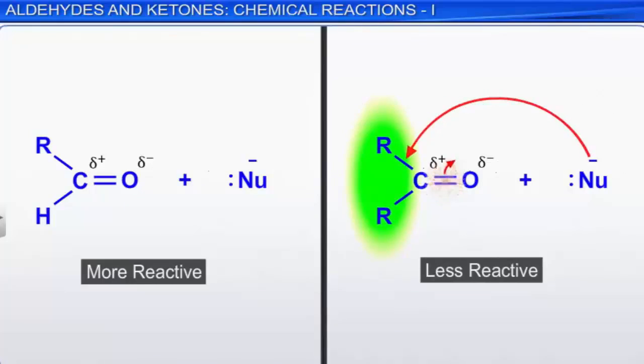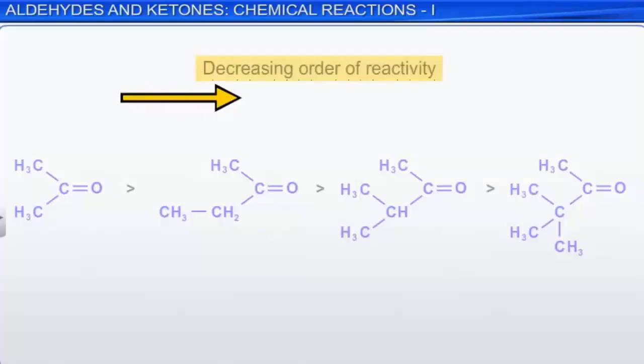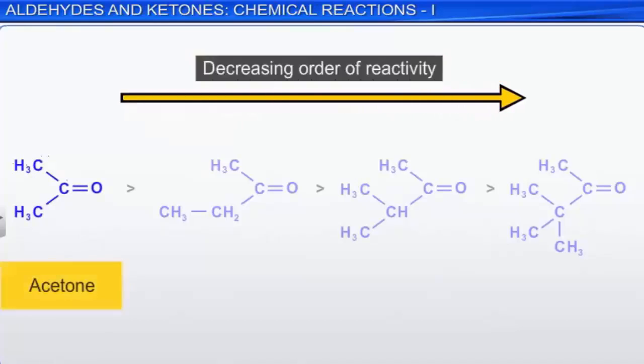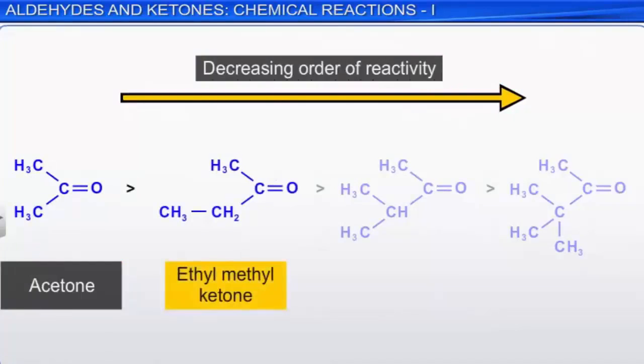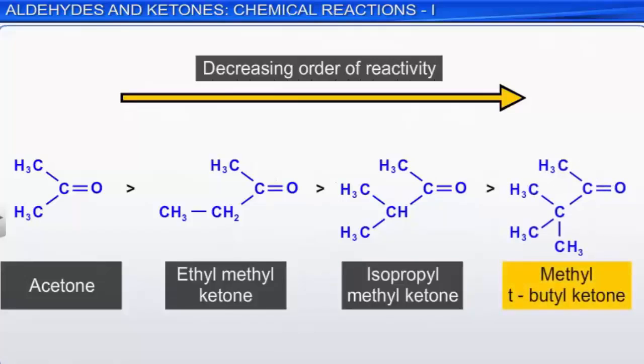Hence, the bulkier the alkyl group, the lesser is the reactivity. Therefore, the decreasing order of reactivity of ketones is acetone, then ethyl methyl ketone, then isopropyl methyl ketone, then methyl tertiary butyl ketone.